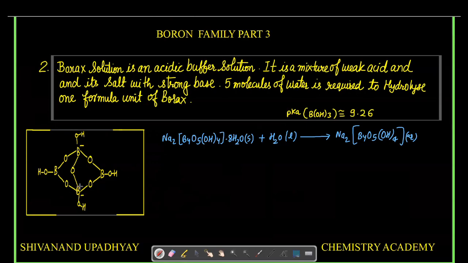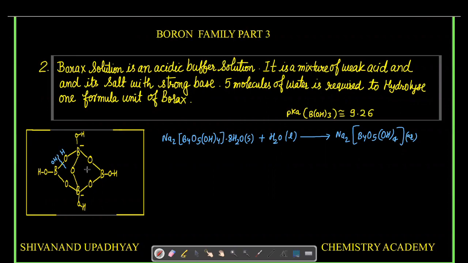So this is the structure of the anion. There are 2 boron atoms in minus 1 oxidation state. These are the 2 tetrahedral units and these are the 2 triangular units. What will happen is that when there is hydrolysis of this anion of borax, the water molecule will be added here and will be symmetrically distributed. So on one side OH will be added and on the other side H will be added.